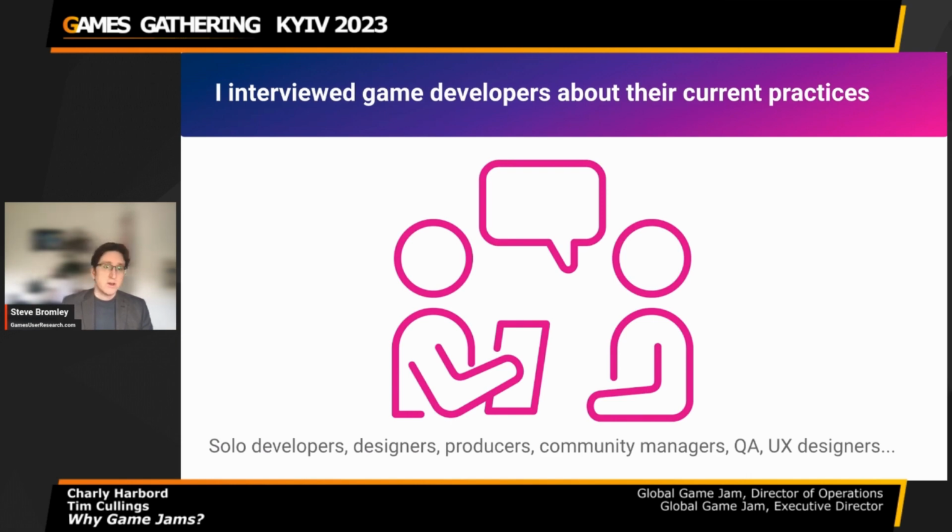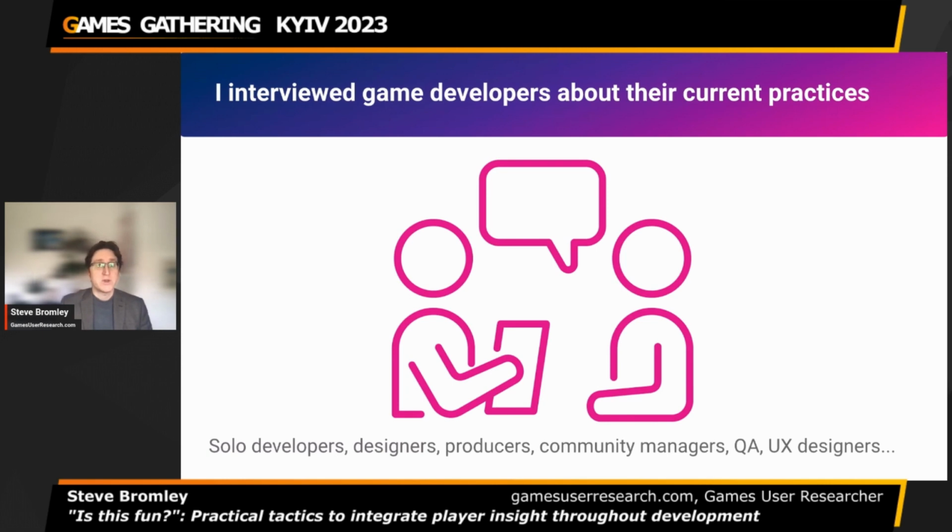That includes solo developers, designers, producers, community managers, QA people, UX designers, a lot of people who are not dedicated user researchers, but do have to run a playtest as part of their role. And I talk to them about what's difficult, what are the challenges they have that stop them running playtests, and some of the approaches that we've explored to improve that and fix that for them.